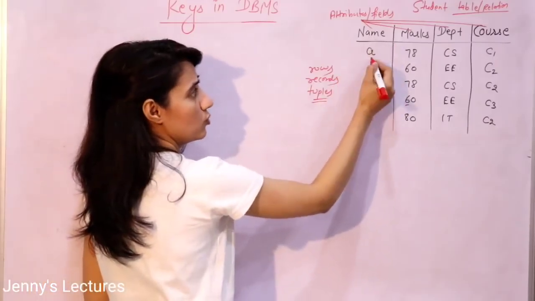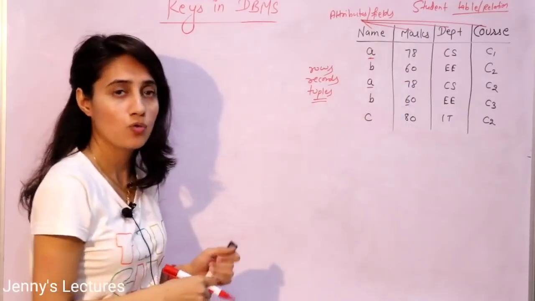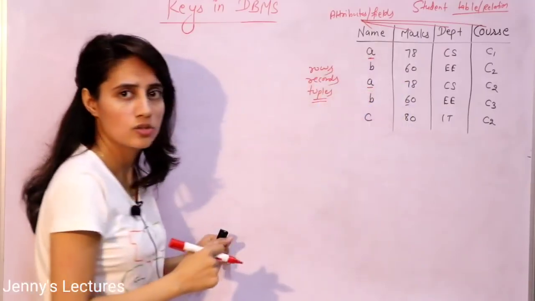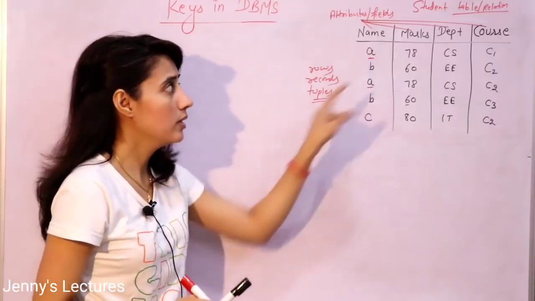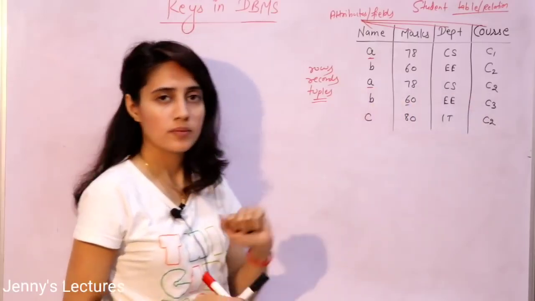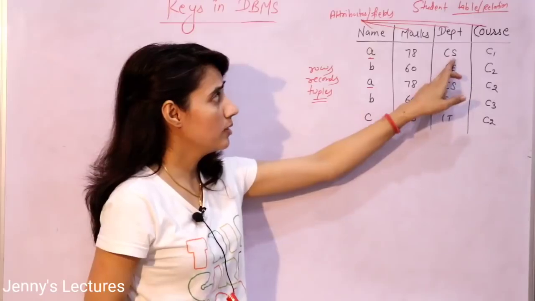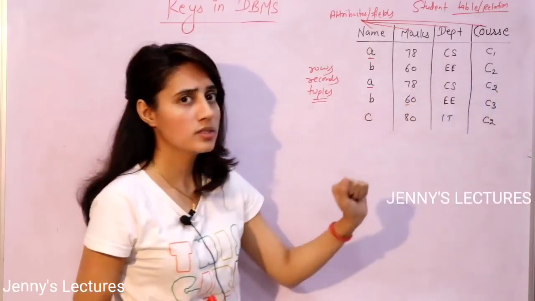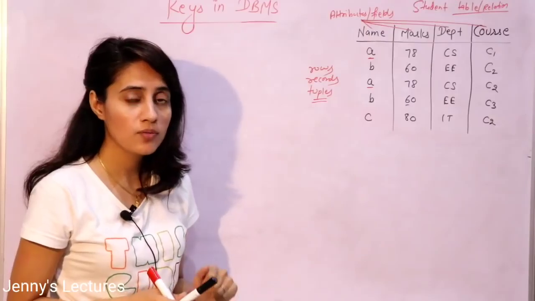Now go to the name of the student, that is A. But here also we have A, here also we have A. So which record will you fetch? I am not able to identify uniquely which record I want, this one or this one, right? Because for this student marks is also the same, department is also the same, but course is C1. For this student course is C2, but I am not able to identify with the name.